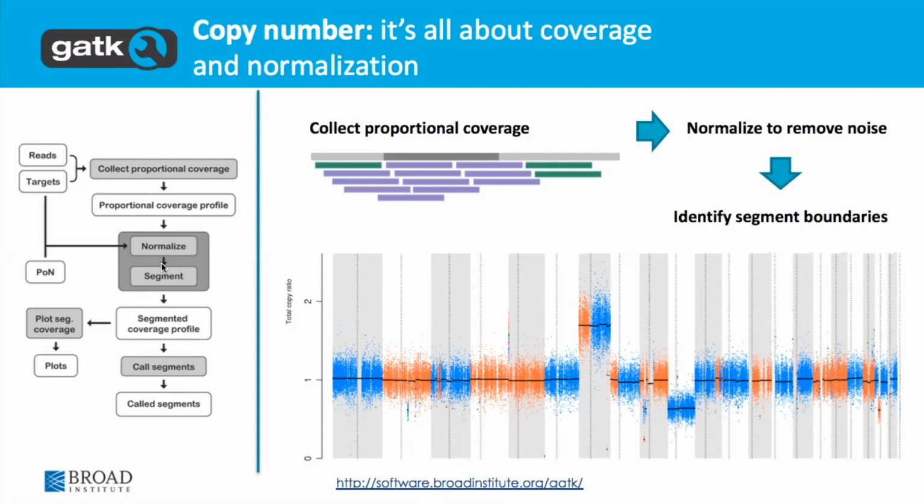That allows you to have a much more accurate picture of how much increase or decrease you might have in particular targets. You have that for a bunch of different targets, and then there's a tool that is going to define segments that are contiguous and have the same amount of increase or decrease in coverage. Then there's a calling step that will actually say, you have a copy number variation here, here, here. Does that make sense?